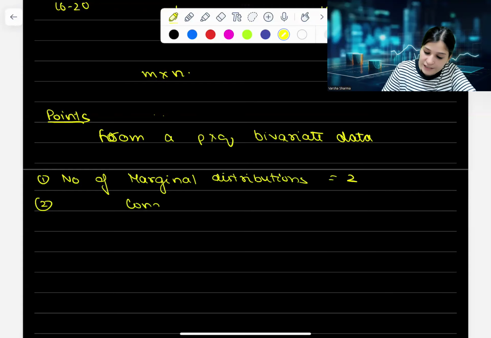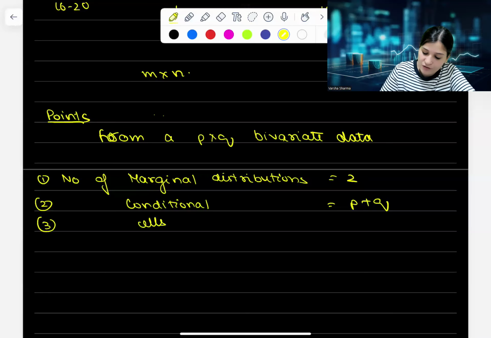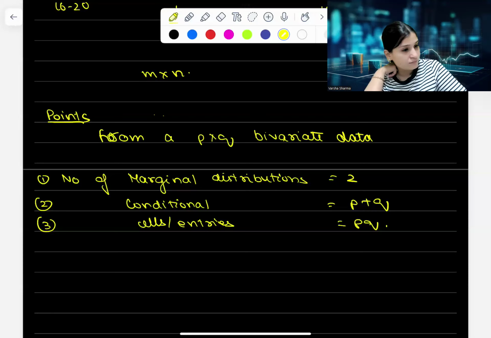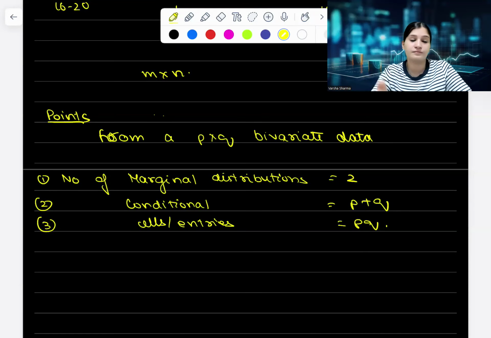Number of conditional distributions: P plus Q. Number of cells or entries: P into Q. Understood? Everybody written? Yes, ma'am.